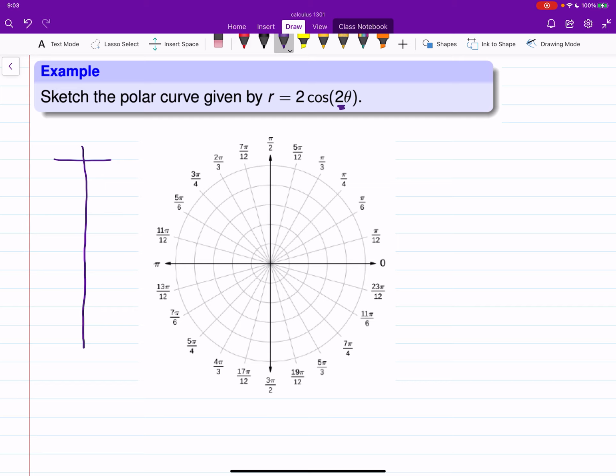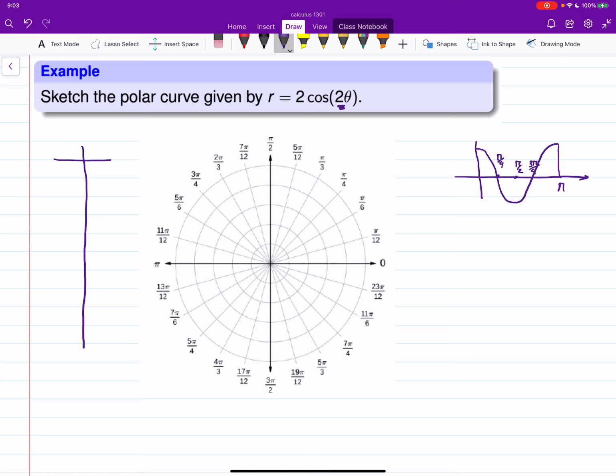Okay, so the graph for cosine 2 theta is something like this. So it goes from 0 to pi over 4, and then pi over 2, 3 pi over 4, and then up to pi.